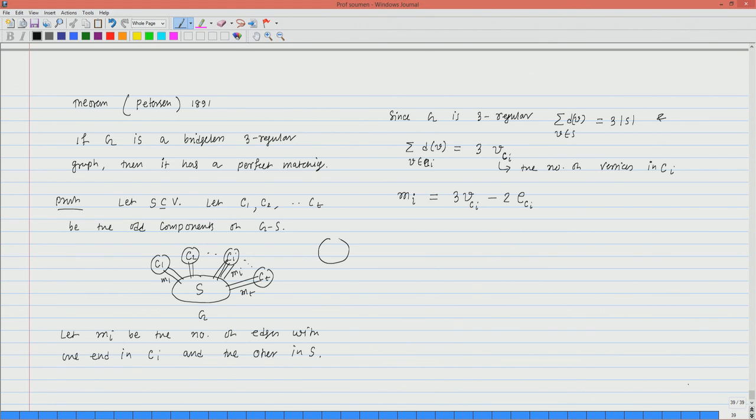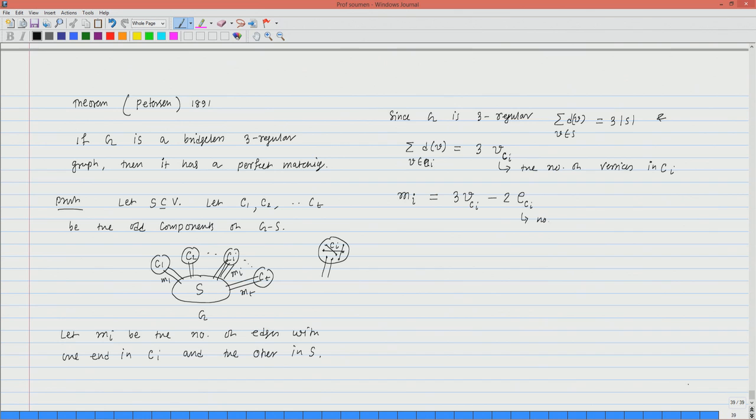Inside one component Ci, there are V(Ci) vertices and E(Ci) edges, and this is the total degree for all the vertices in this component. Out of this total degree, this much degree is consumed by the edges inside the component, and the remaining part will come out of this component. So, that is why this is the number of edges between S and Ci.